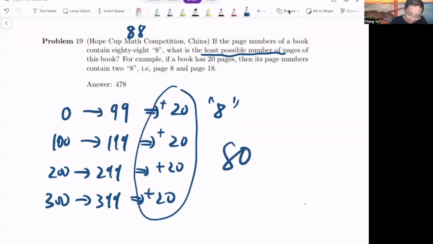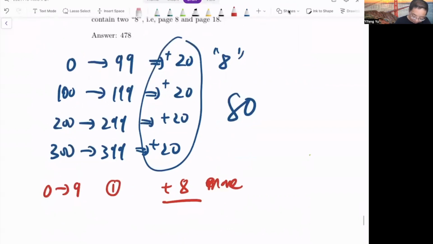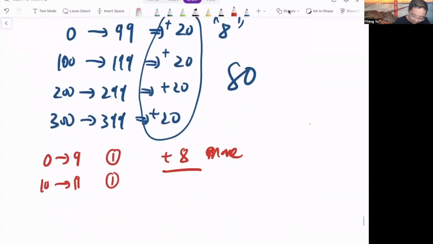And we need 8 more, because this is 88. How do we get 8 more? From 0 to 9 we have one 8. From 10 to 19 we have another one. And all the way to 70 to 79 we get one.